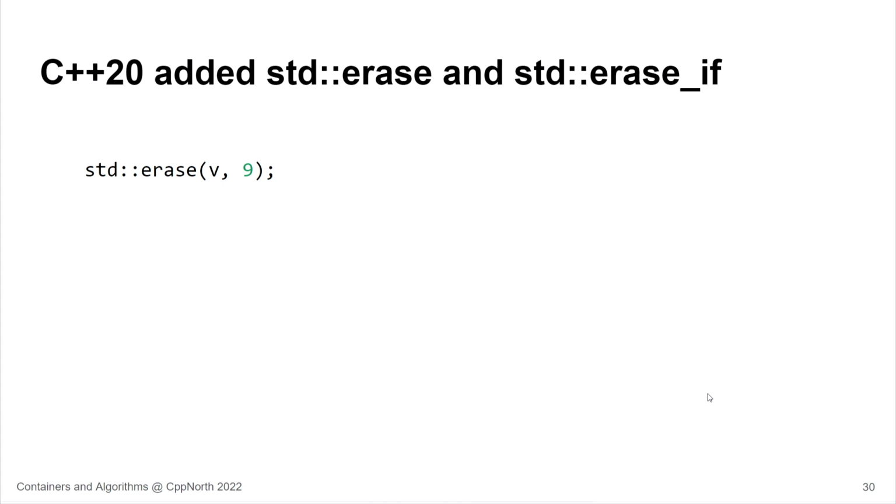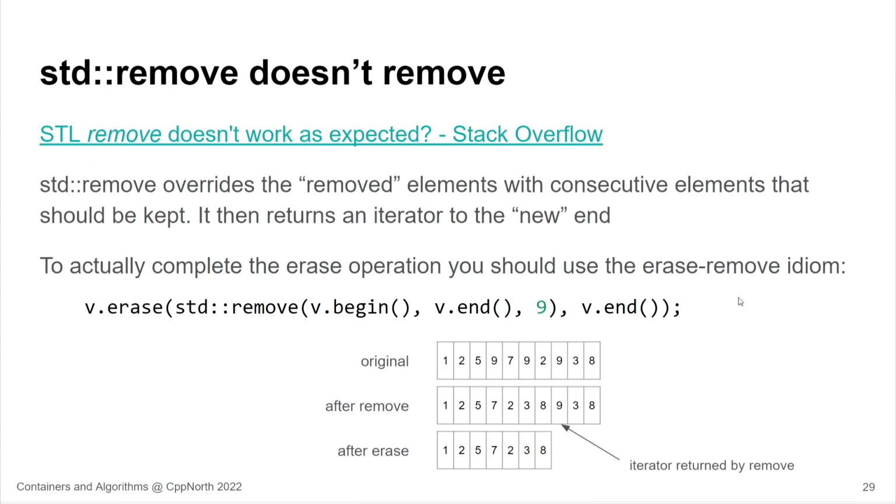In C++20, there is a new function called erase that actually does the same. It gets the container and does the two operations. Eventually it should behave the same. And also erase_if, which does the remove_if and erase on the result, the same as we did here, quite manually.